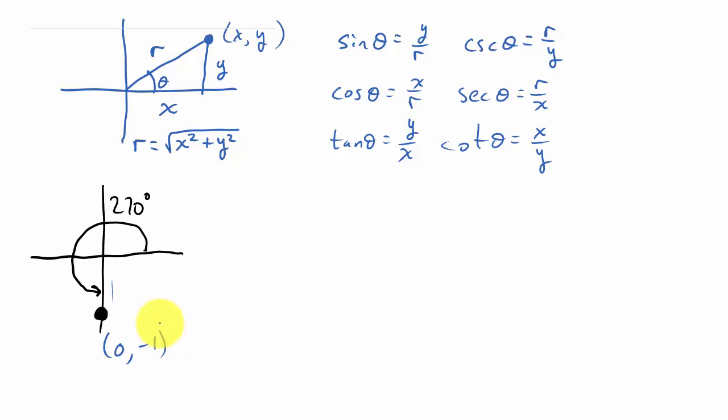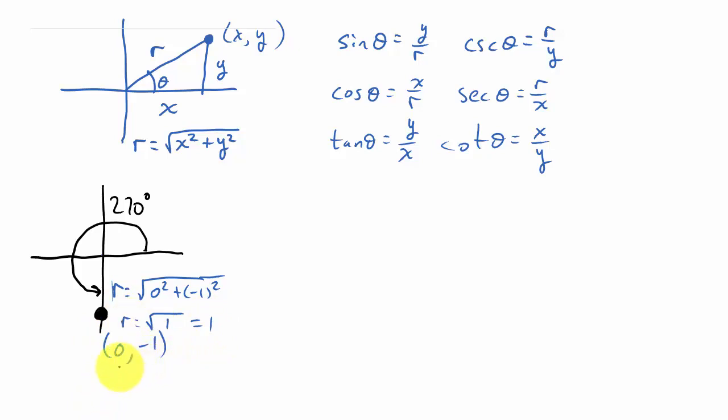Now what we need to do is calculate r. We know that r is equal to the square root of x squared plus y squared. So r is the square root of 0 squared plus -1 squared, which would be 0 plus 1. That's the square root of 1, which is 1. So there's r.